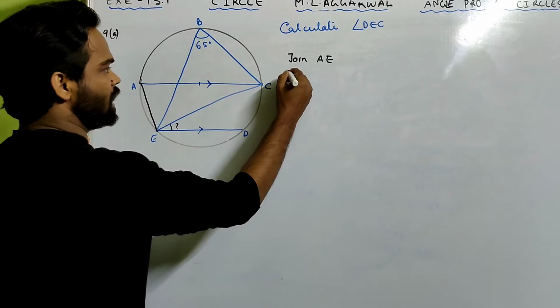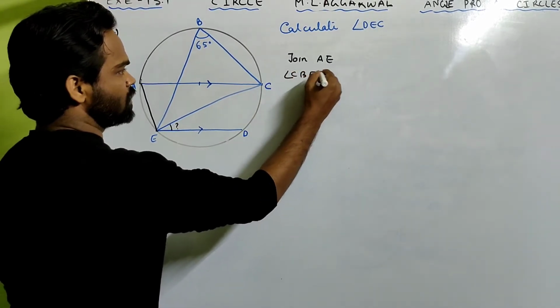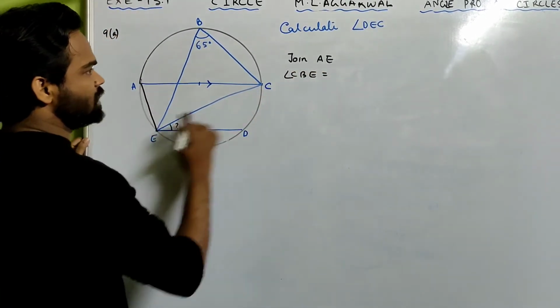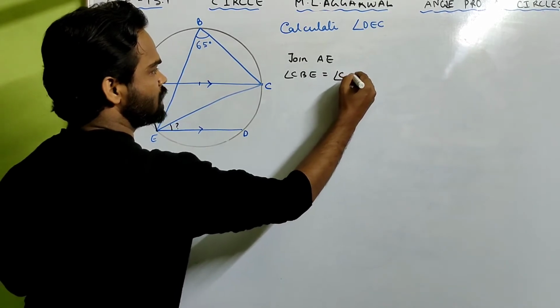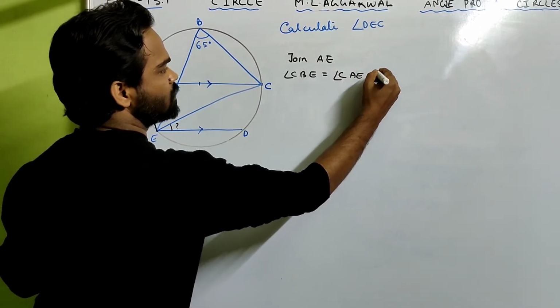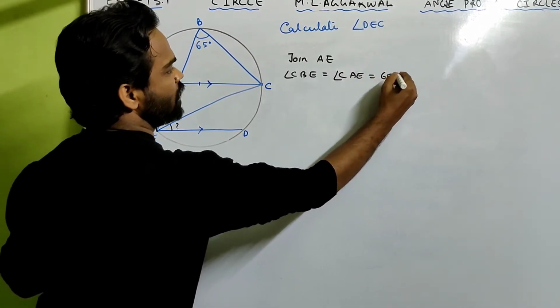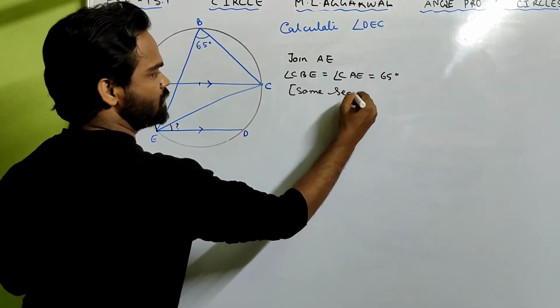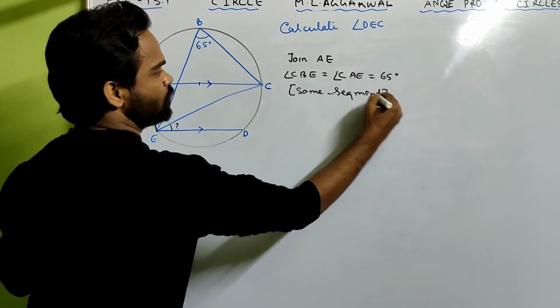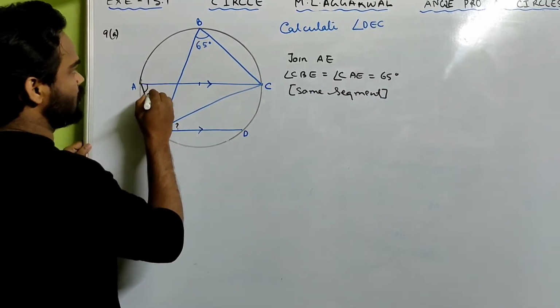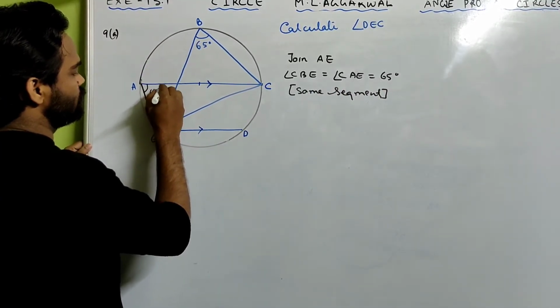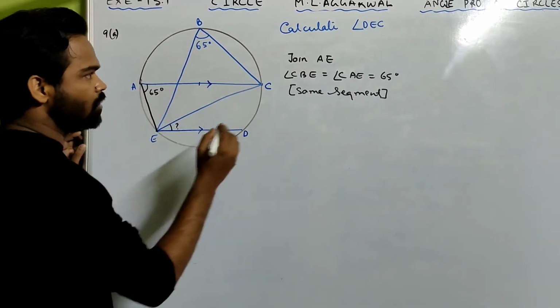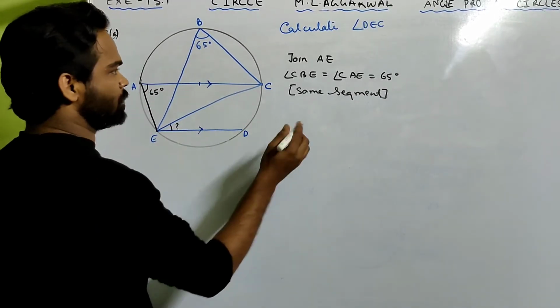Angle CBE, look carefully, is equal to CAE, same segment. CAE, that's equal to 65 degree, angle in same segment, isn't it? So we got this as 65 degree. Now look carefully. This AC is the diameter, we know that, okay?